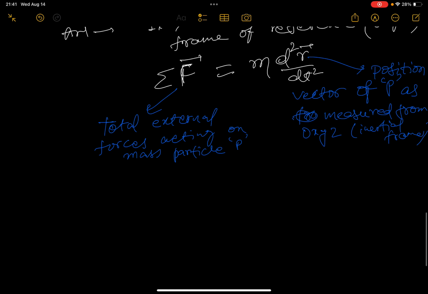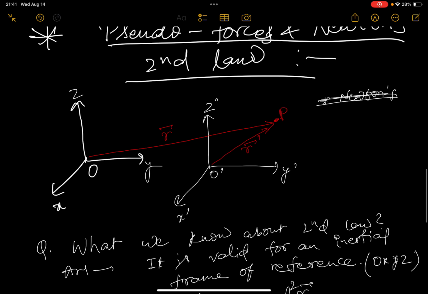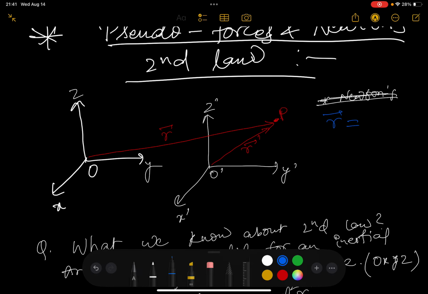But you see that we can define the position vector r.